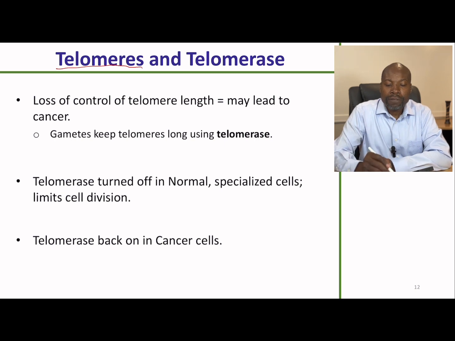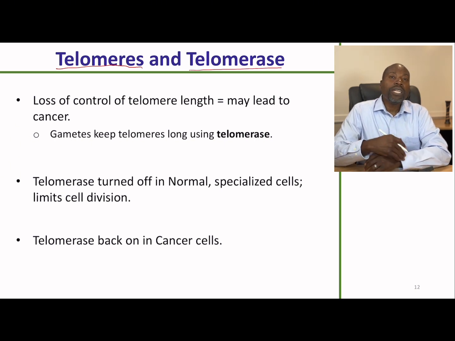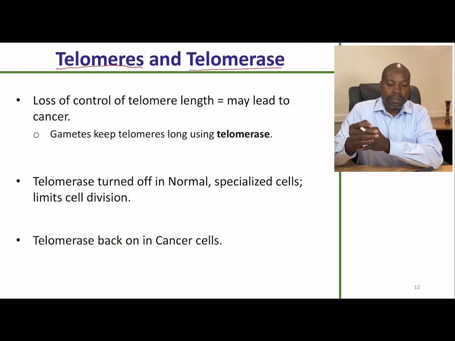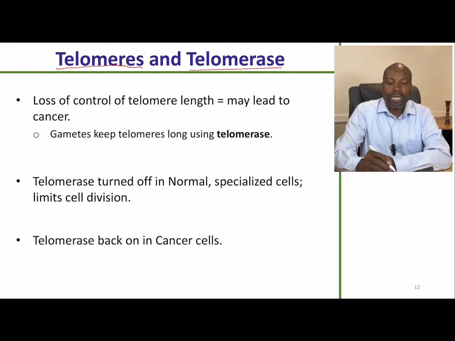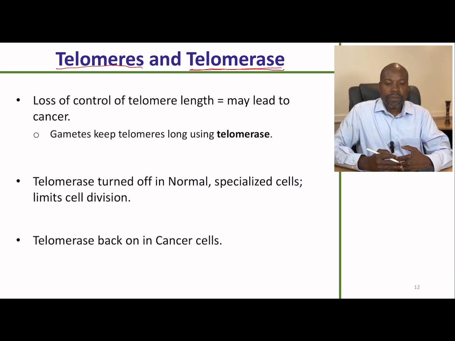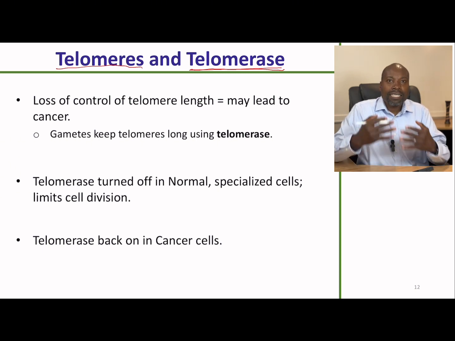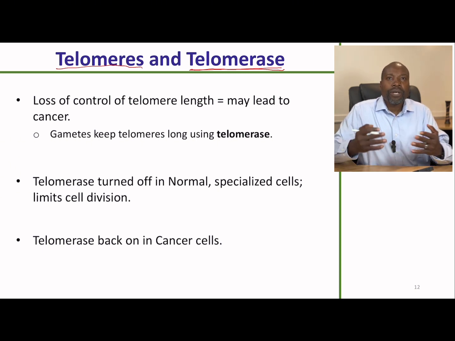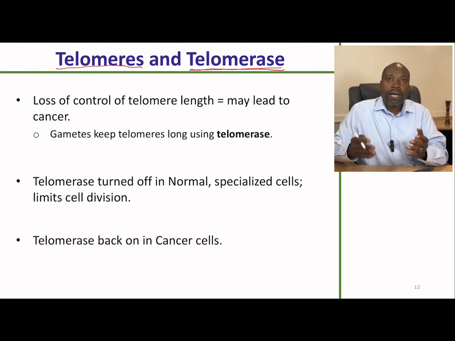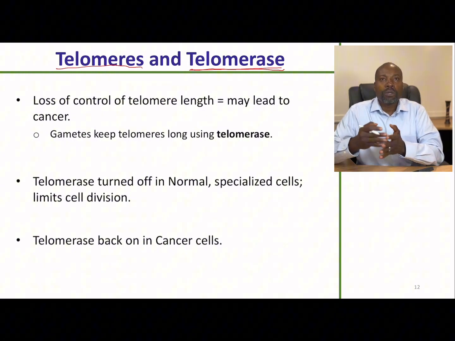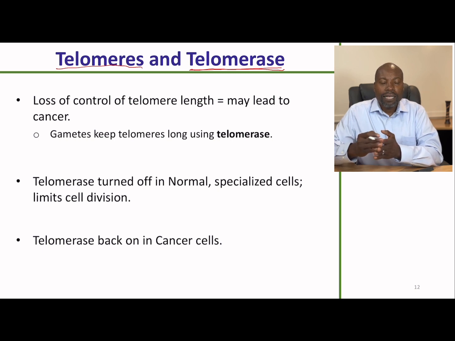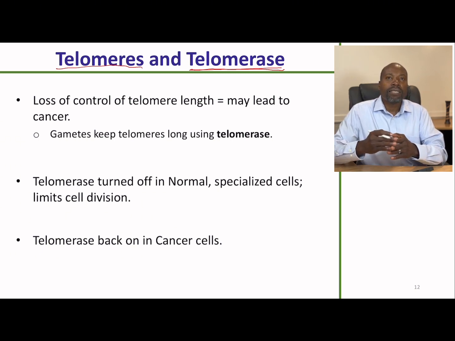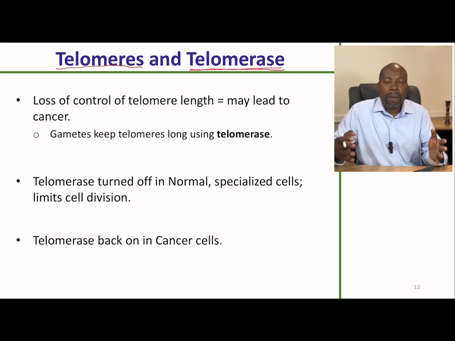Why? Because of telomerase. During the process of development, there is a gene that encodes an enzyme called telomerase. During development, telomerase is active in embryonic cells. Why? Because the cells have to divide and multiply until the body reaches perfect development.